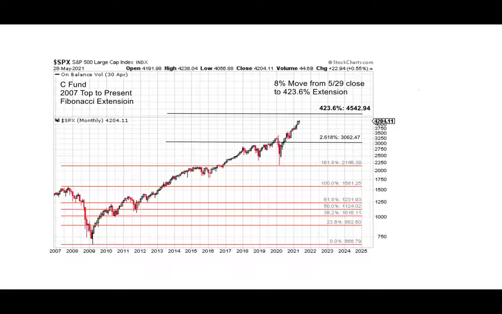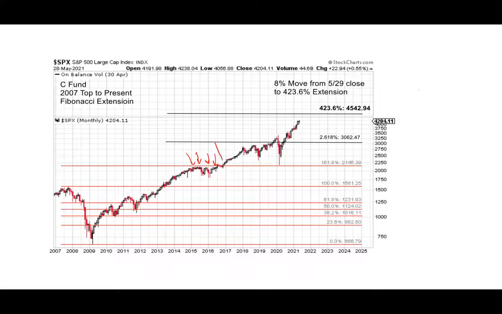So this is, from the low in 2009, we pretty much worked through all this resistance here from the beginning of 15 to, I don't know, close to about the middle of 16. So about 18 months worth of hitting this resistance level.